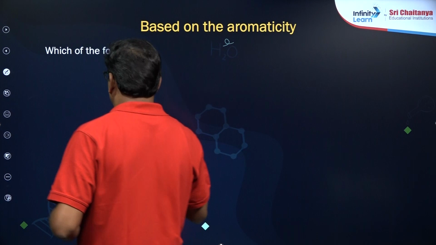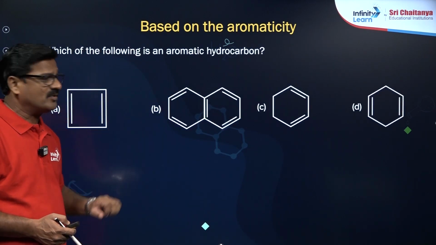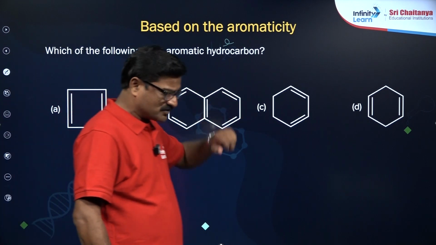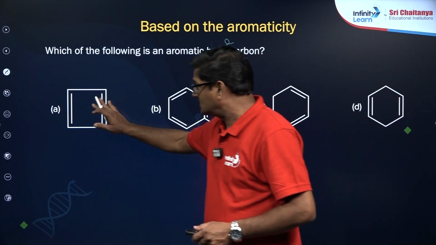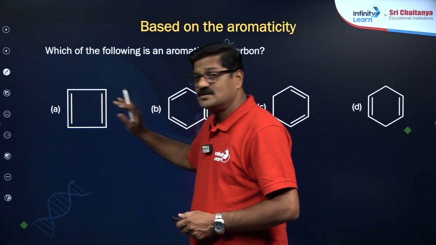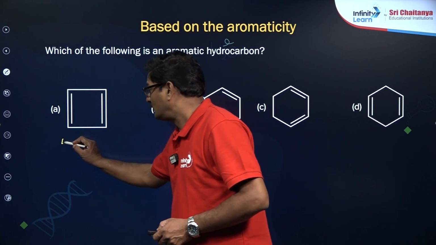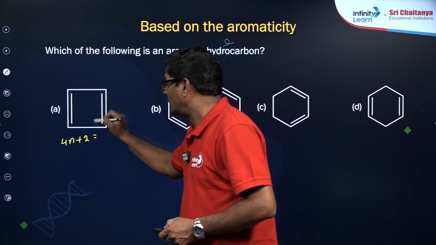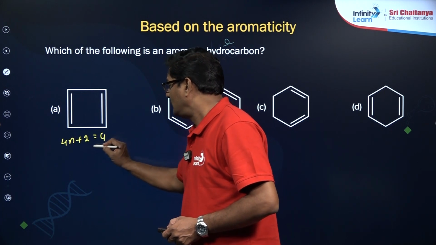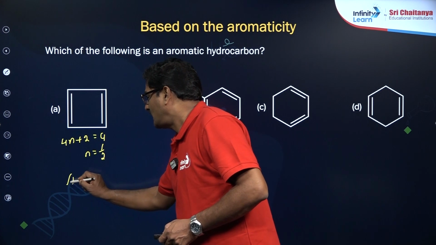Based on aromaticity, let us say which of the following is an aromatic compound. Compounds like these will be given, and you need to identify them. When this structure is given, it is a cyclic structure and the conjugation is there. For 4n plus 2, a total of 4 electrons are there, and n is equal to 1 by 2. So it is anti-aromatic.